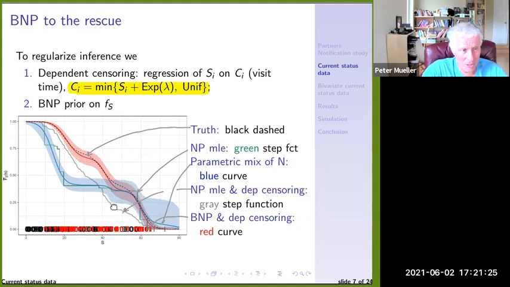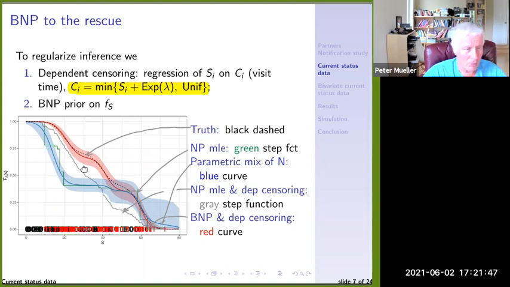So this is the non-parametric MLE, but now we include a factor in the likelihood for dependent censoring times using the yellow model there. And then going one step further, if we put the prior probability model on the unknown distribution, then we get the non-parametric Bayes inference, and that's the red survival curve on the right.